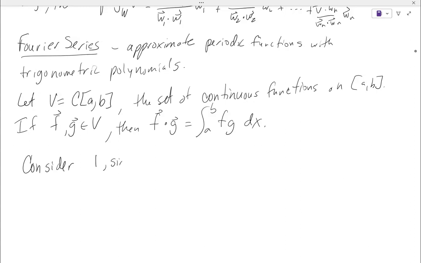Then we'll do sine x and cosine x, and then sine of 2x, cosine of 2x, and continue this idea, increasing that coefficient by 1 each time. So we would have sine of nx, cosine of nx, and so on down the line. Let's consider this as a set.